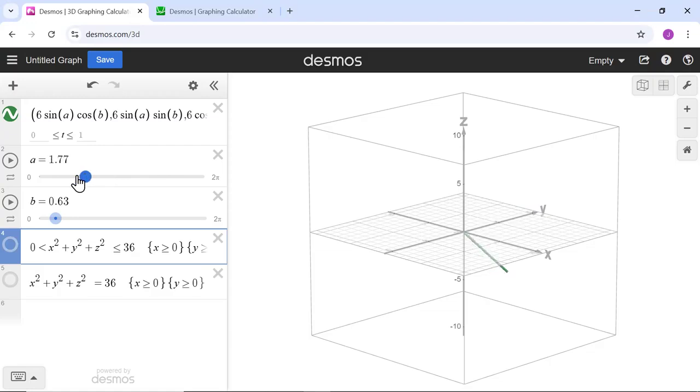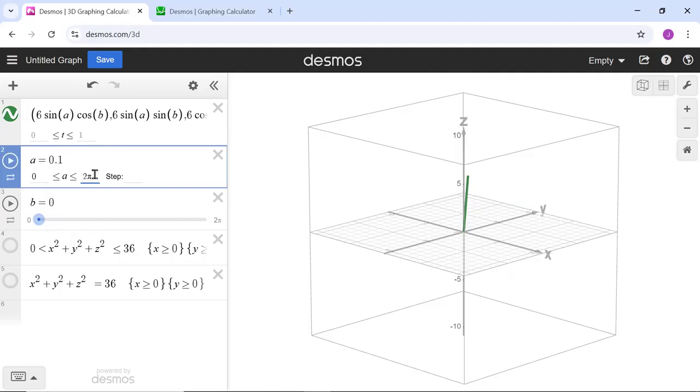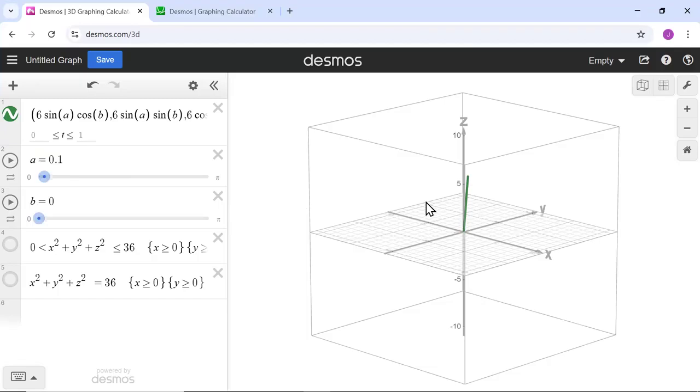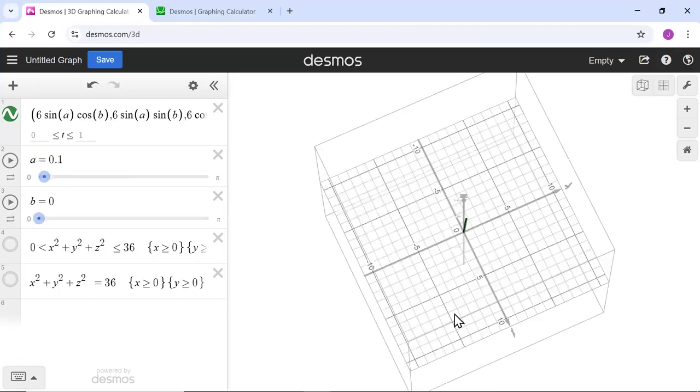And you can think about this using the vector I was looking at earlier.